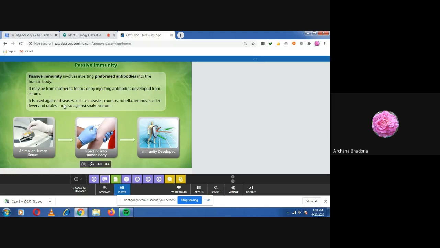Okay, so they have given the diseases also. It is used against diseases such as measles, mumps, rubella, tetanus, scarlet fever, and rabies, and also against snake venom. You can note down the examples where we are developing passive immunity to cure the disease.